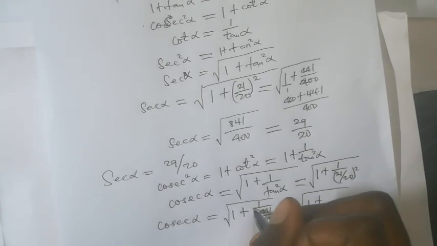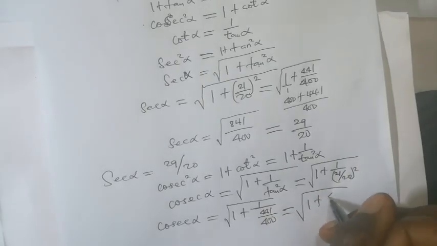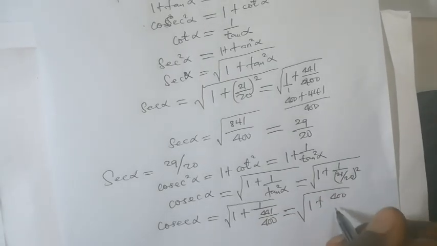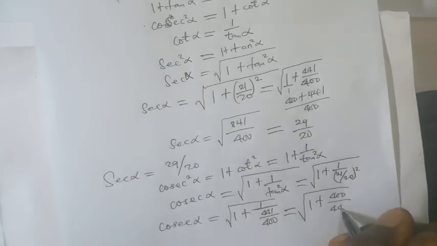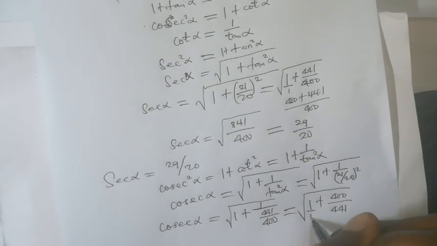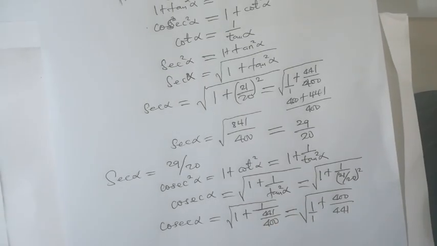Since it's a reciprocal, 400 goes up and 441 goes down, just like the other one.